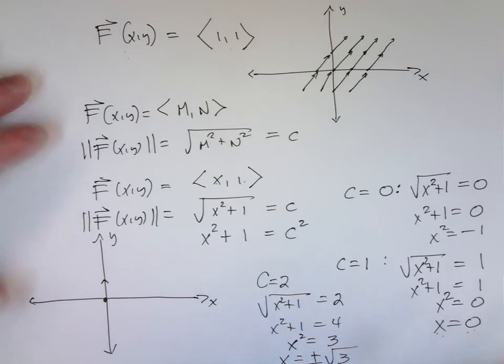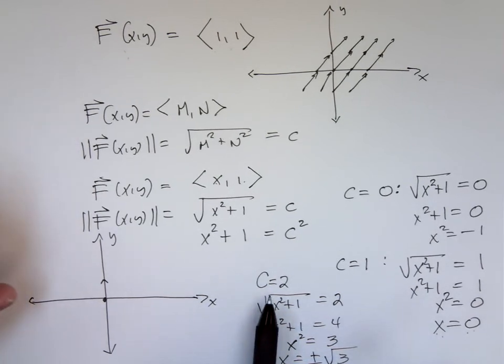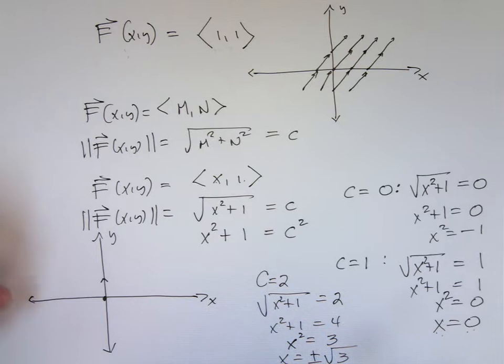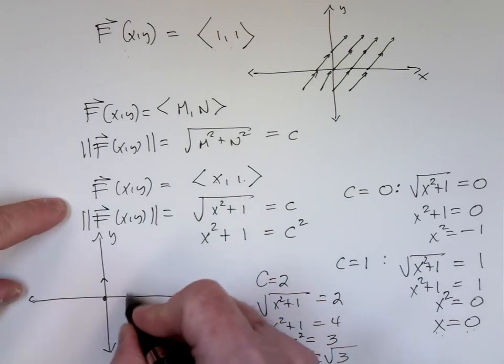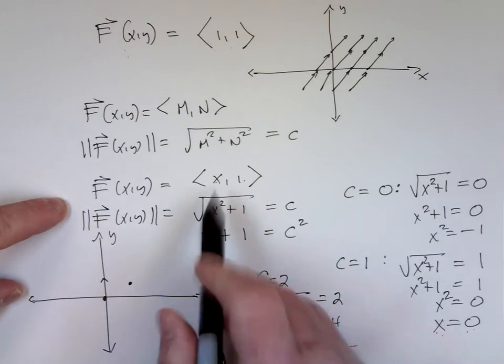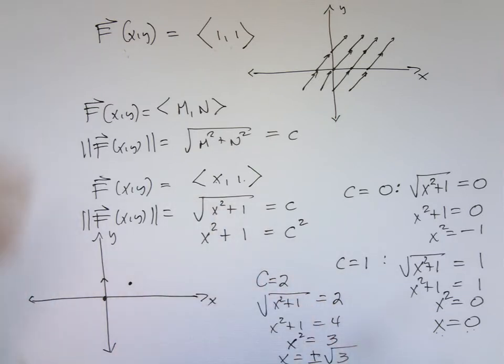So the vectors whose length is 2 are those vectors where x is plus or minus the square root of 3. So square root of 3, 1. This vector, square root of 3, 1. That's this point, and its vector is square root of 3, 1.